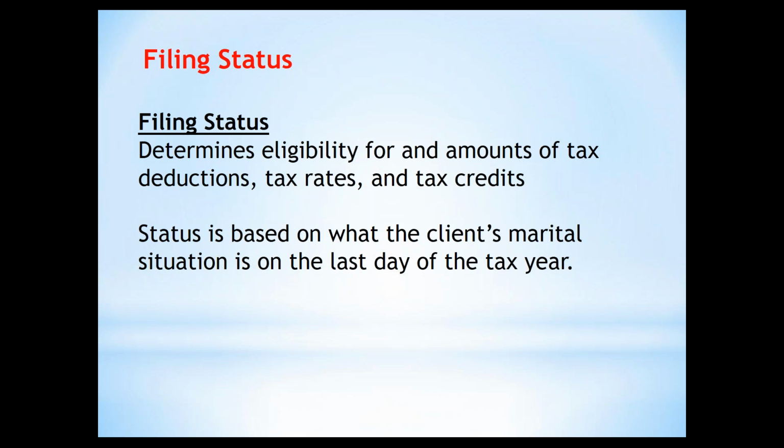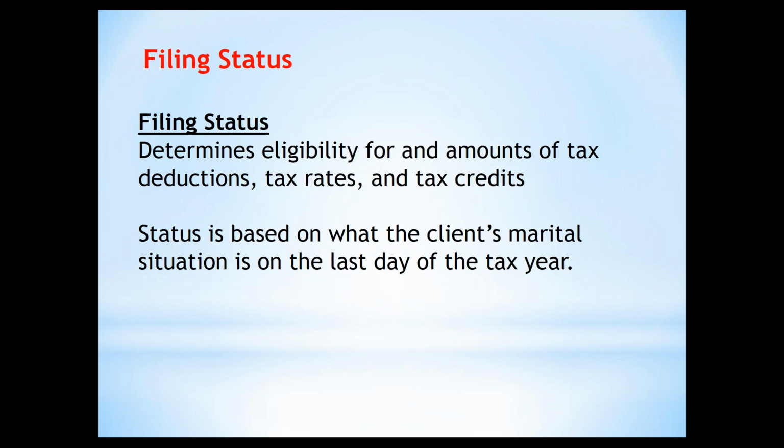So we're going to jump right into filing status and the impact on the tax return, and what that means for each individual. The filing status obviously has a huge impact on how much tax is owed, so tax rates, as well as possible deductions and tax credits.